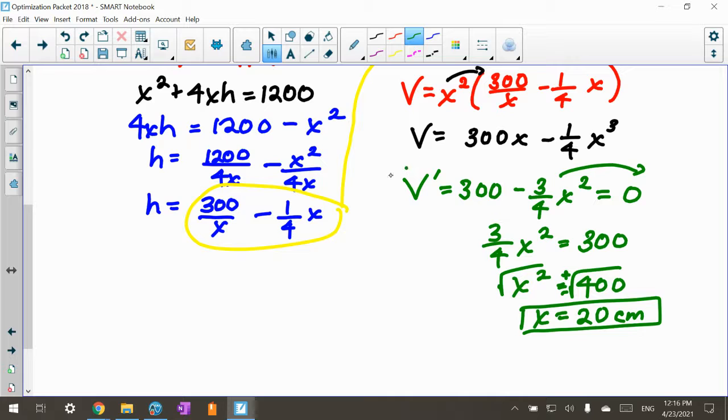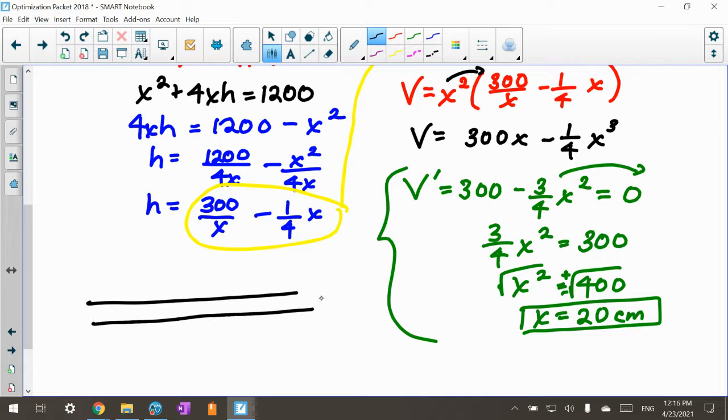Now, before I go any further, after I've done this, that I think I know what the x is going to be for the max volume, I want you to come over here and do your first derivative test. So you're going to set up your v prime bar. We're going to put 20 centimeters right here, and we want to see, is it truly a max? You can look at this, or you can graph this.